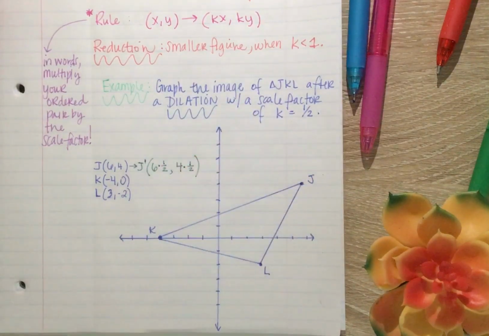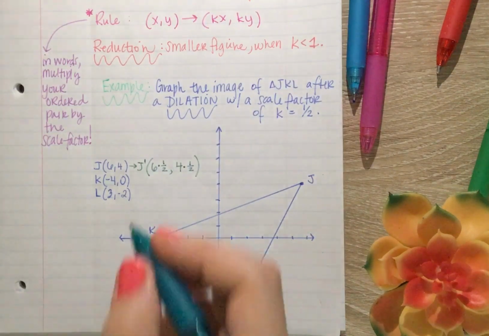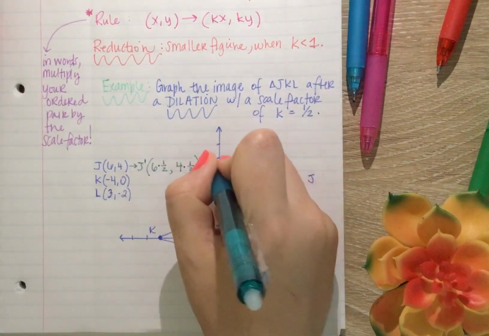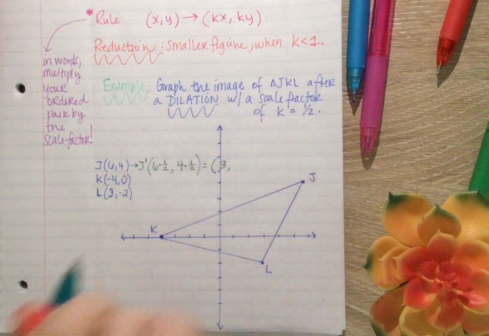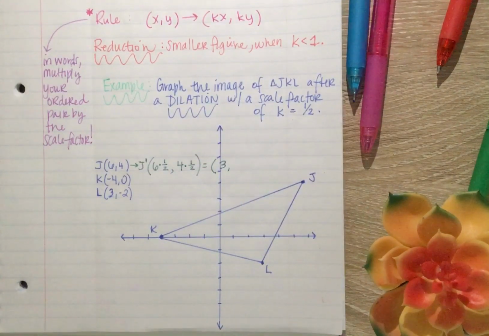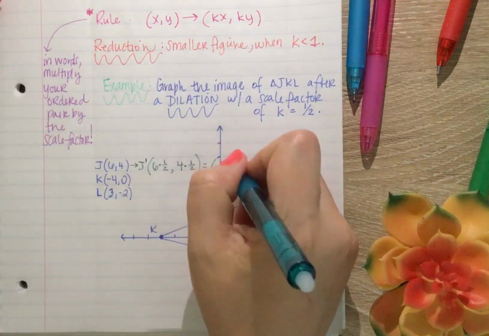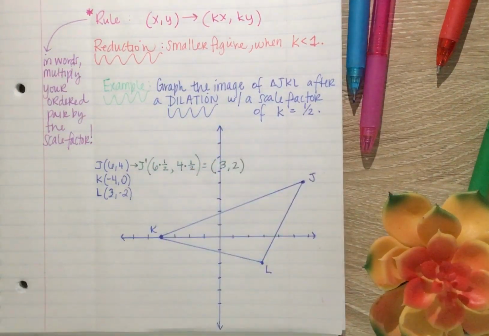If you think about it, multiplying by 1/2 is really the same thing as dividing by 2. So 6 times 1/2, or 6 divided by 2, is 3. And 4 times 1/2, or half of 4, is 2. You might ask, what if I get something weird?